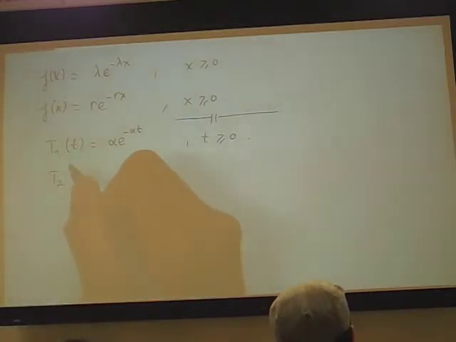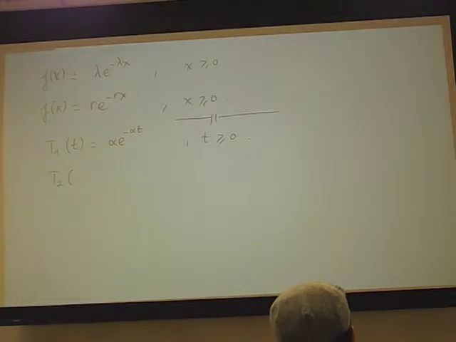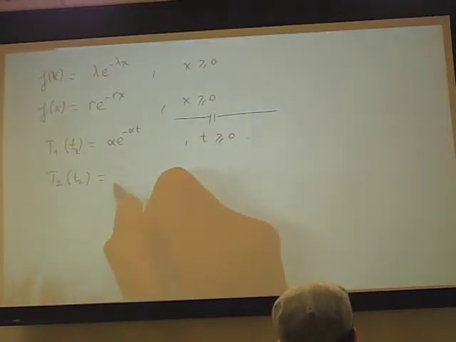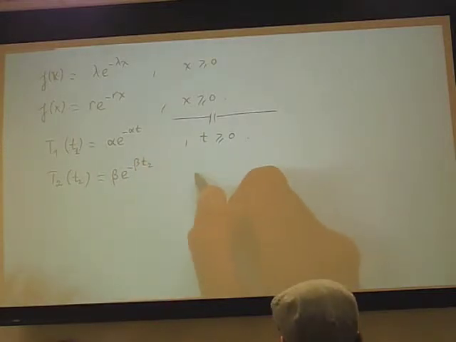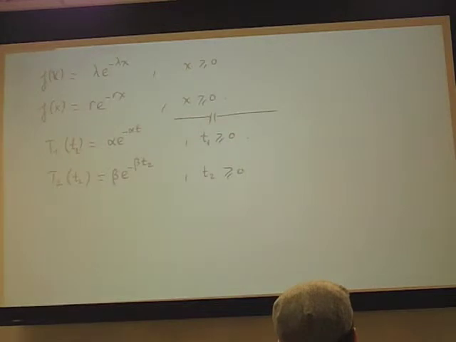And for t2, remember that t1 and t2 are functions of two different things. So maybe it's best if I write this one as t1 and this one as t2. And this one is going to be beta e to the minus beta t2, where t2 is bigger than or equal to 0. Is that clear?